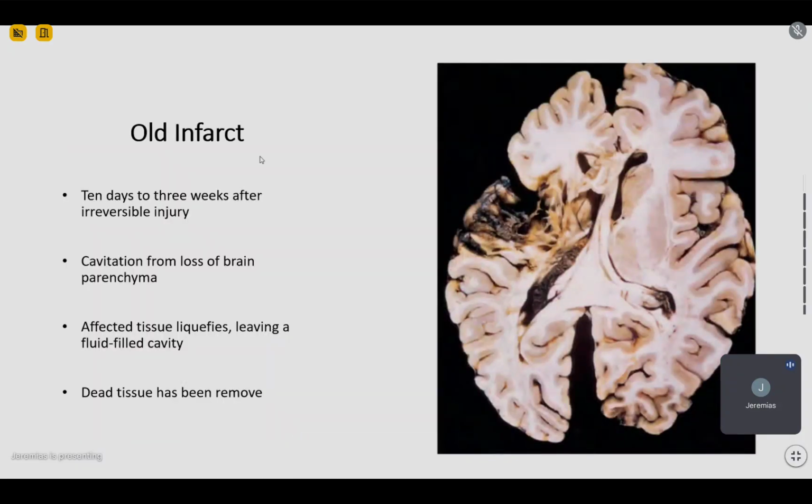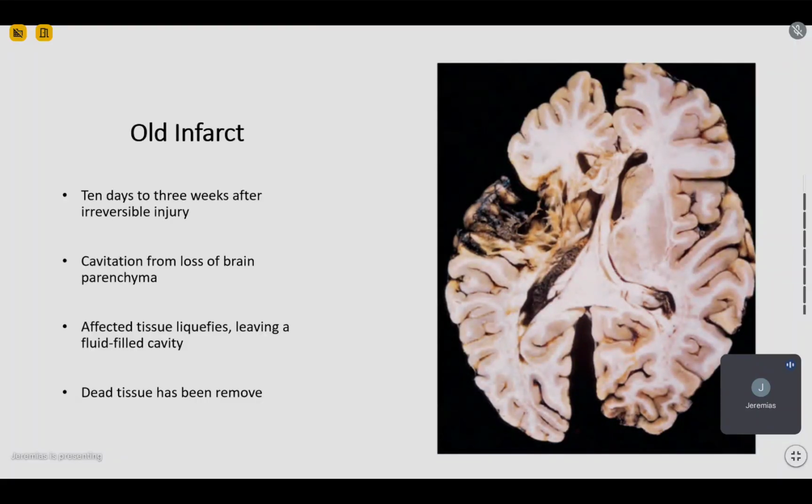So this picture shows an old infarct. Okay, so old cystic infarct showing cavitation from a loss of brain parenchyma. So again, if there's infarct, after days, weeks, months, eventually there's part nga mawala sa brain.